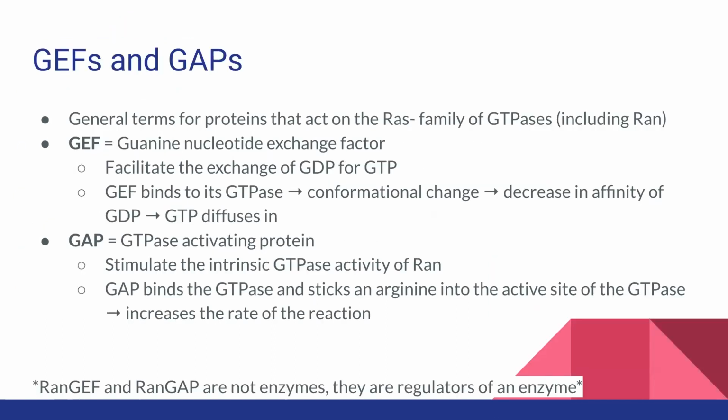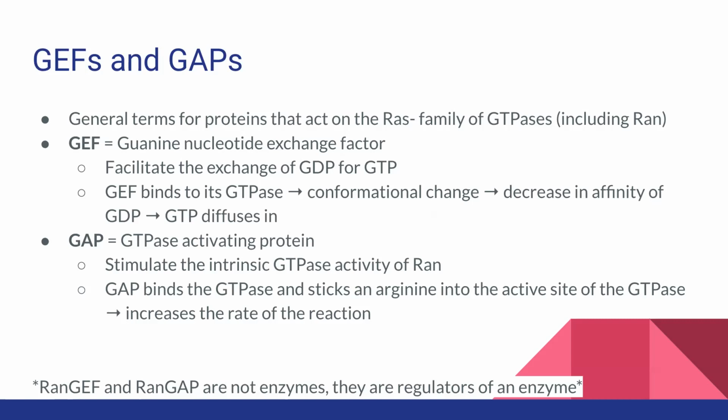So talking more specifically about GEFs and GAPs, the general definition is they're terms for proteins that act on the RAS family of GTPases, and this includes RAN. GTPases are enzymes that hydrolyze GTP into GDP. GEF stands for guanine nucleotide exchange factor, and these facilitate the exchange of GDP for GTP.